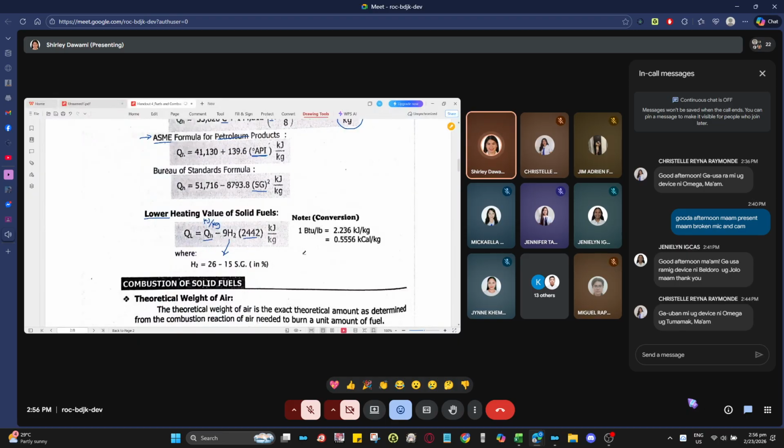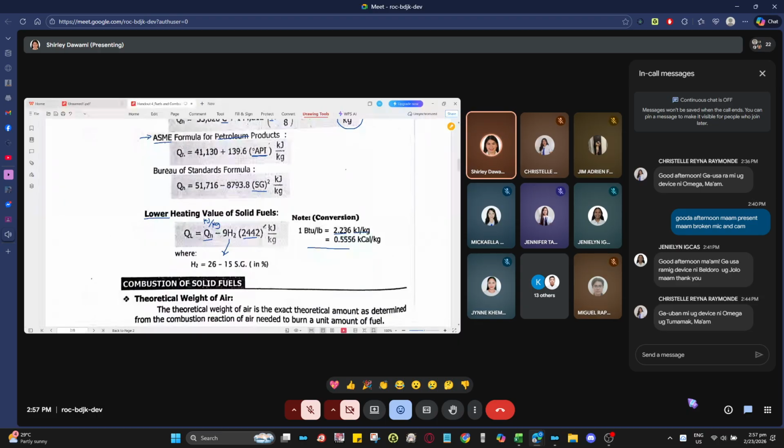Mao na nga I note of conversion diri where 1 BTU per pound is equal to 2.236 kilojoule per kilogram. In case ang sa problem is BTU per pound bitaw, no, in English siya, kinahanglan nga i-convert pa ninyo siya to this one.